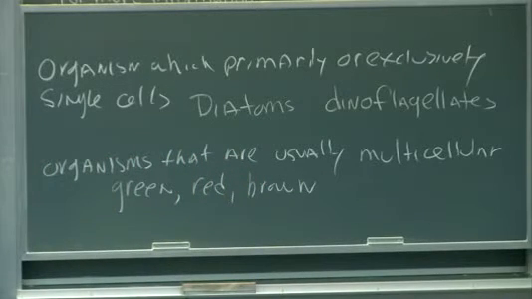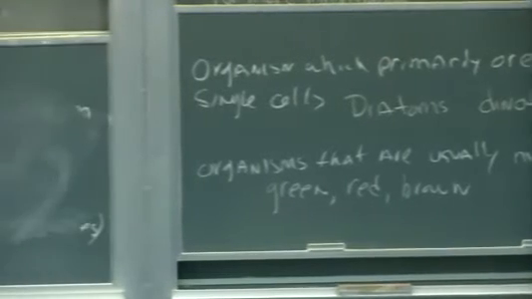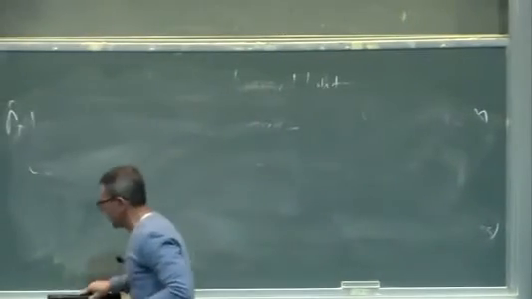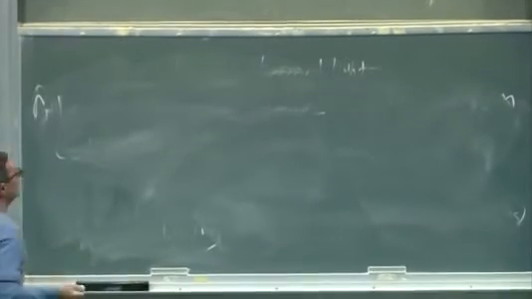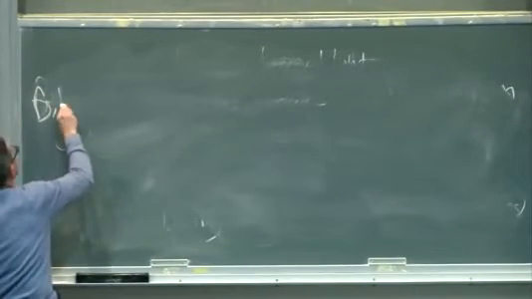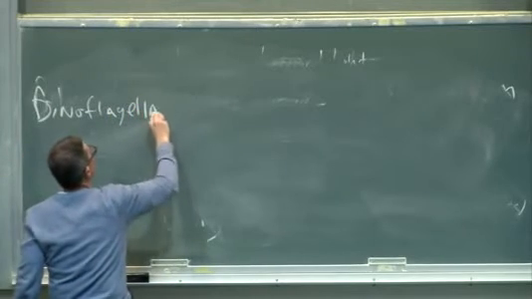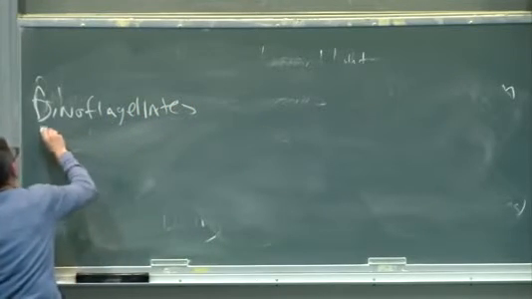Now let's talk about the first group, which consists of organisms that are primarily, if not exclusively, unicellular. These organisms, for our point of discussion, consist of the dinoflagellates and the diatoms.